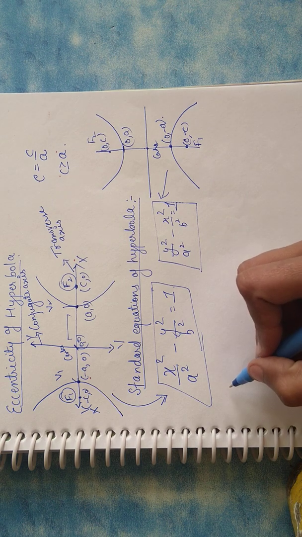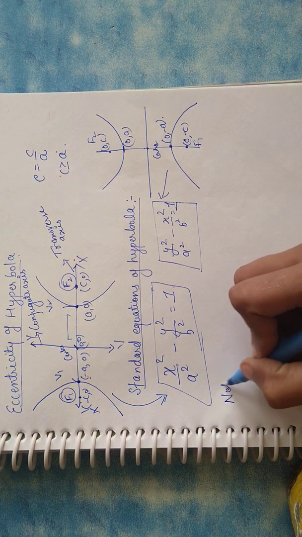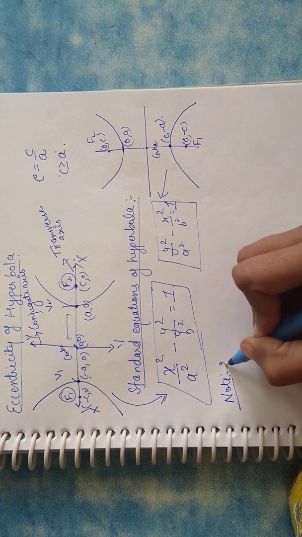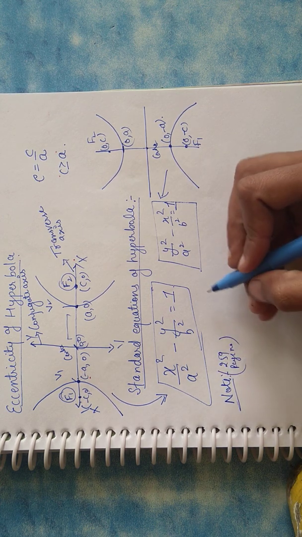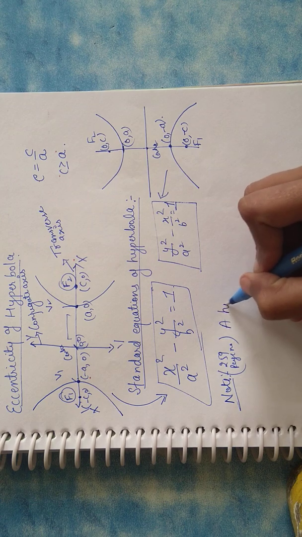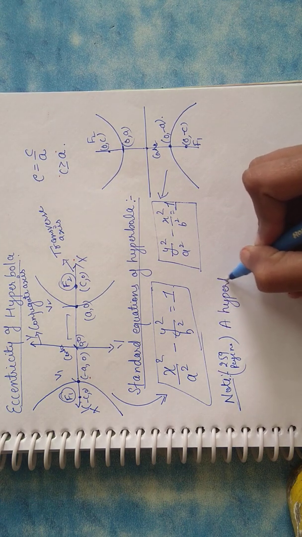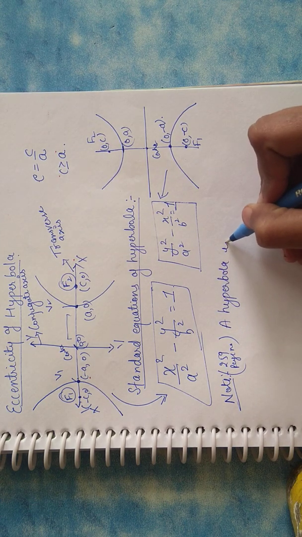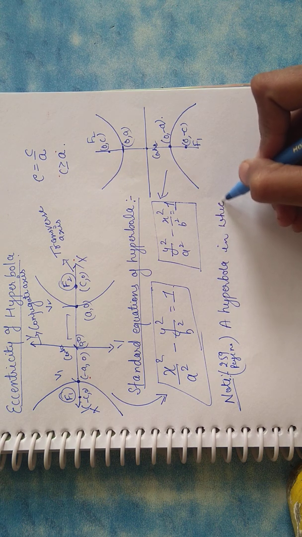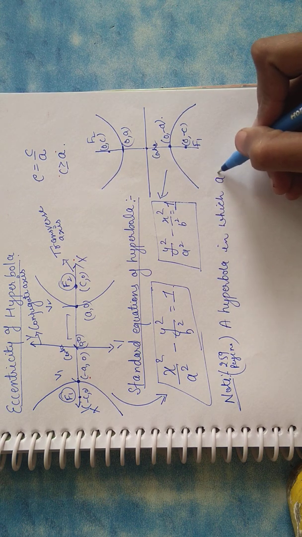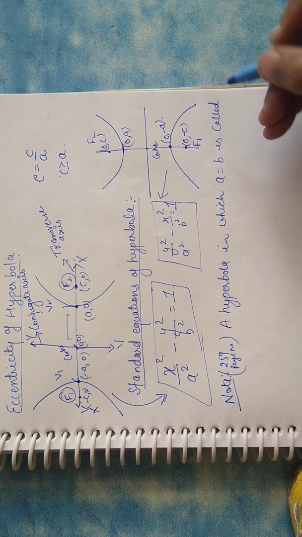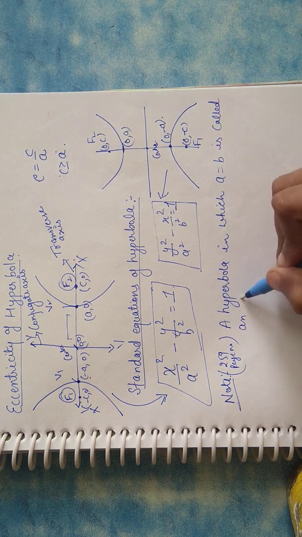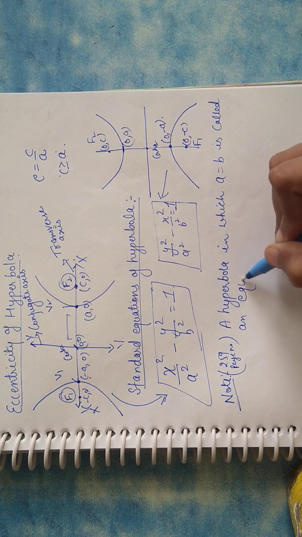Now, a note point is there, a very important note on your page number 259. A hyperbola in which a is equal to b is called an equilateral hyperbola.